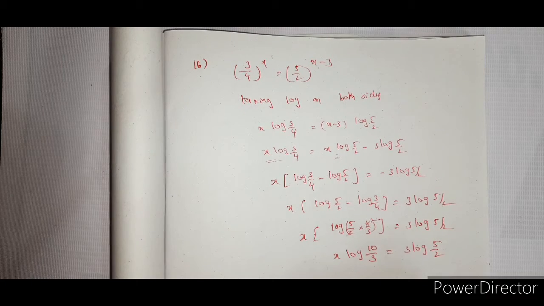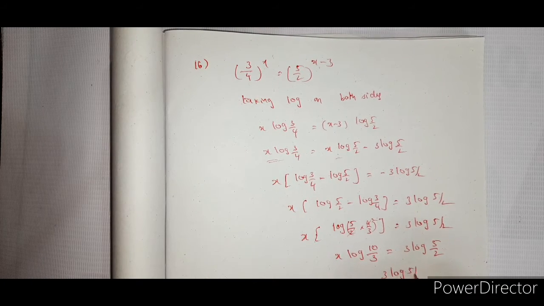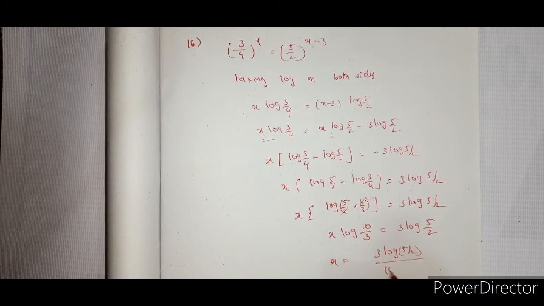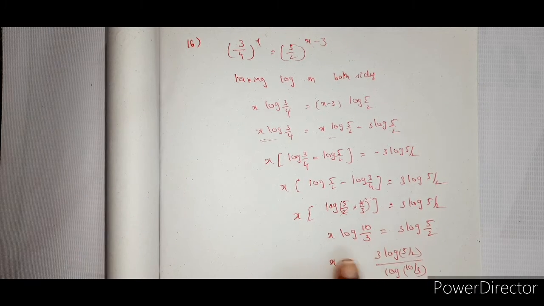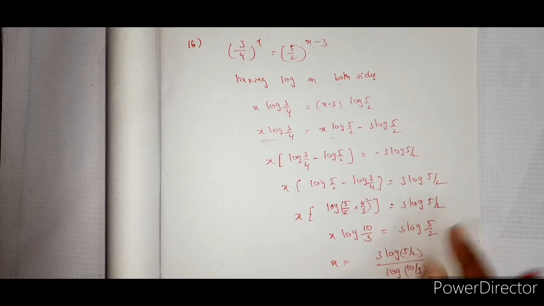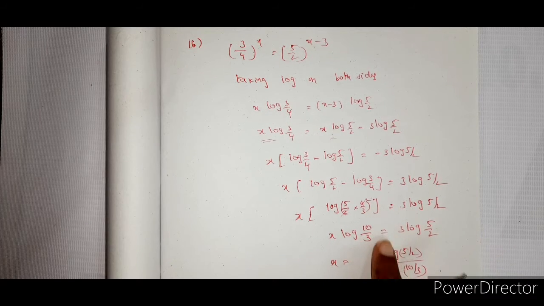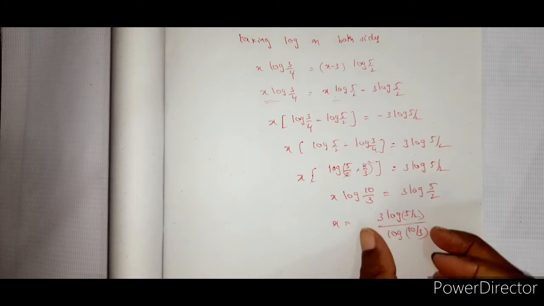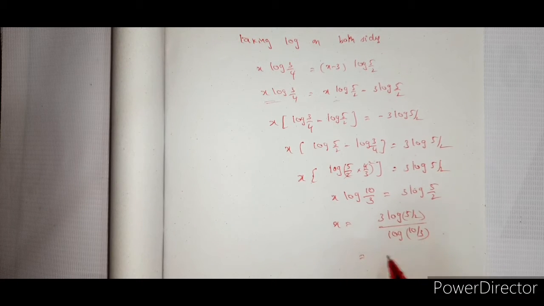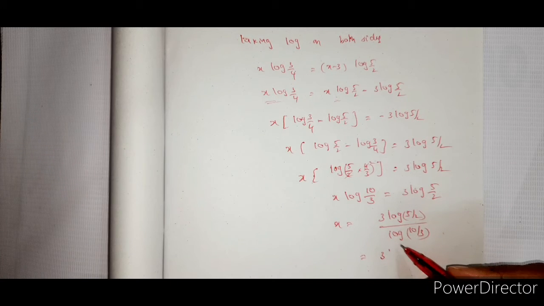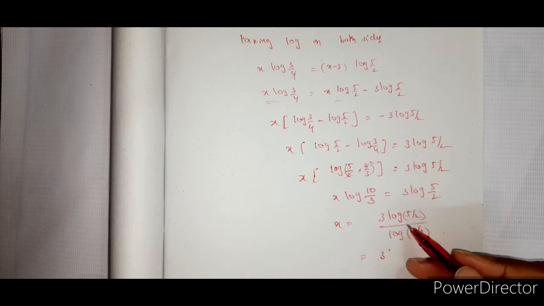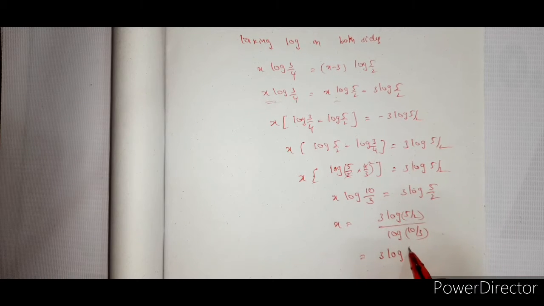So x is equal to 3 log (5 by 2) divided by log (10 by 3), because there is nothing that can be cancelled here. I am not expanding this one as log a by b equals log a minus log b. You can leave it like this, or use the concept that log a by log b is log a base b. You can write it like that also, is it not? So I am leaving it there, 10 by 3.